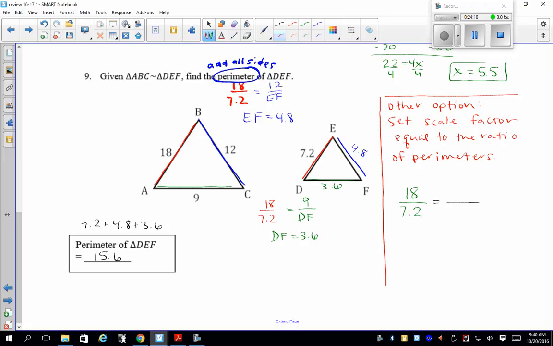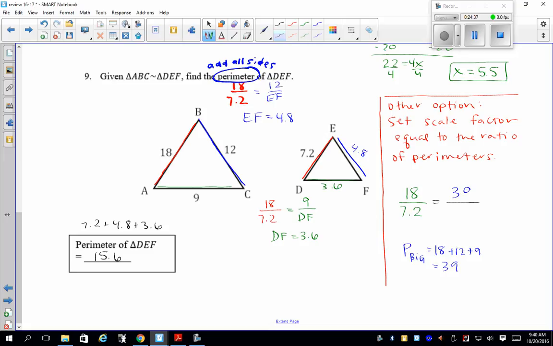So the perimeter of the big triangle, I'm going to work down here for a minute, is 18 plus 12 plus 9, adding all the sides of the big triangle, and I get 39. The small triangle I don't know, right? So the 39, 18 came from the big triangle, that's on top.